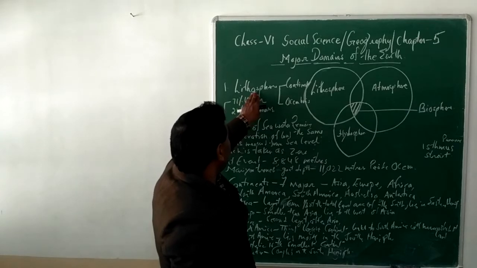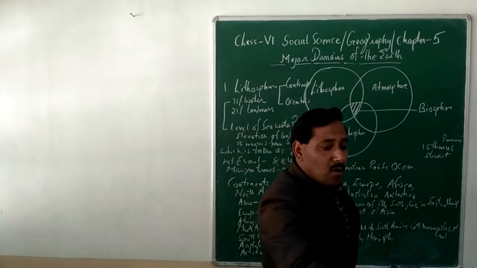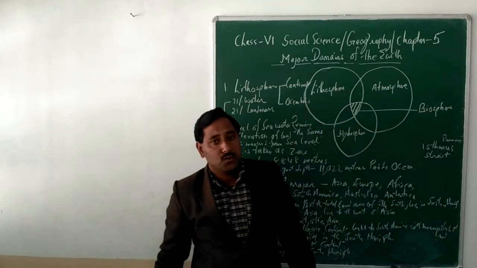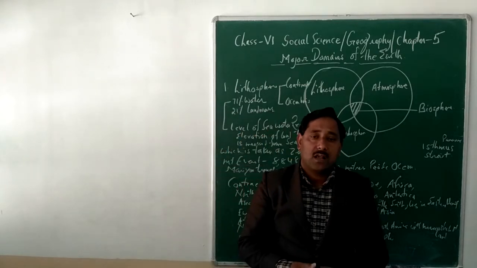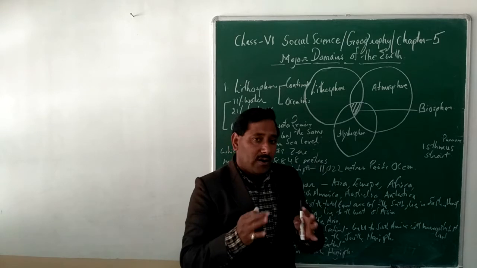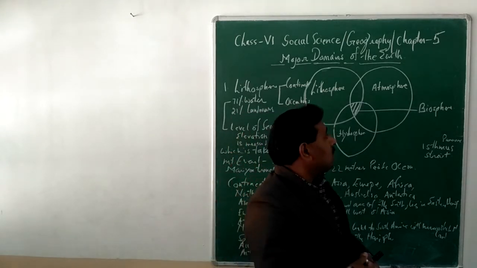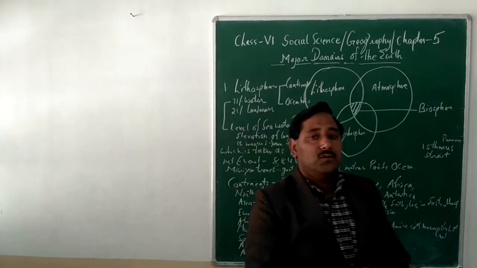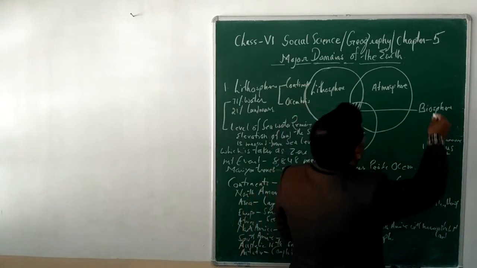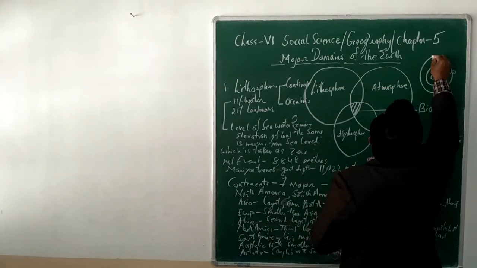So we will be discussing the lithosphere. Now, what is the lithosphere? You must have learned in the previous classes what the lithosphere is. The solid portion of the Earth is called the lithosphere. You can divide the Earth into three parts: the core, mantle, and the crust.